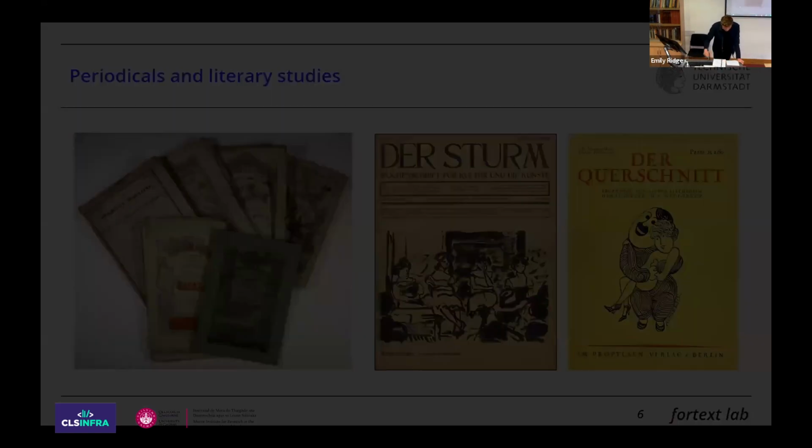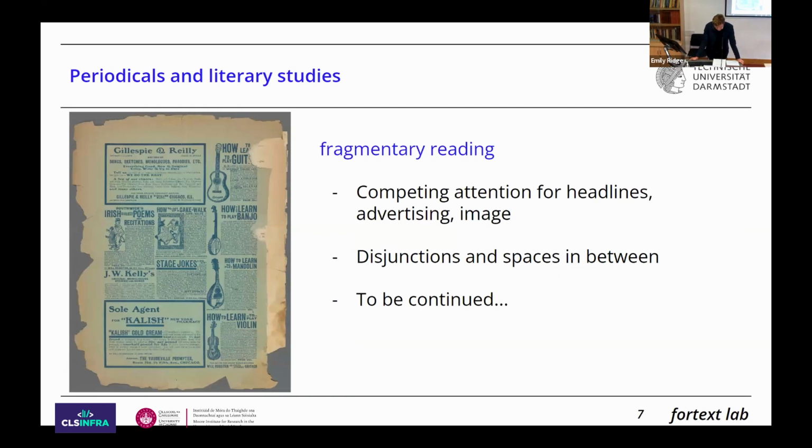And before talking about a fragmentary and non-linear reading, which jumps between different text forms and design elements, a reading that has to combine different elements, sometimes even between different issues of the magazines, and this is the case with serializations.